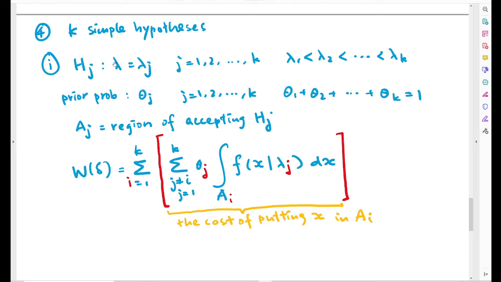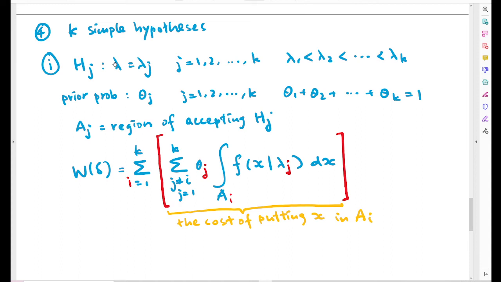I label lambda 1, lambda 2 up to lambda k in the order of their size. In particular, lambda k is the largest. Similarly, each of them has the prior probability theta j, and all these thetas add up to 1. Very simple. Let me define the region of accepting hypothesis j, denoted by Aj.